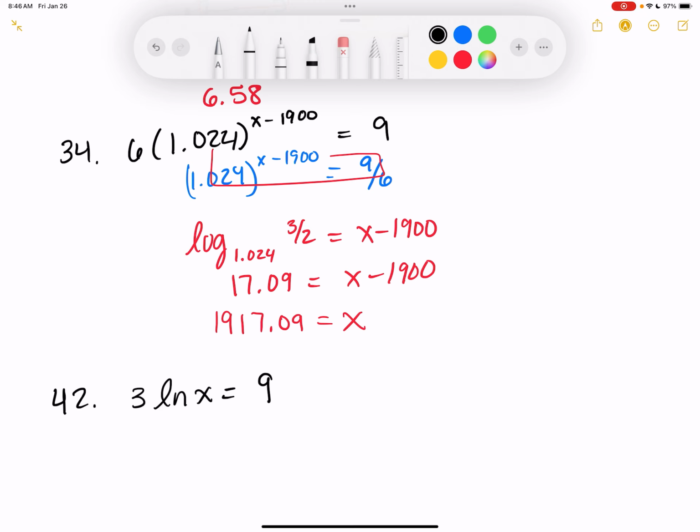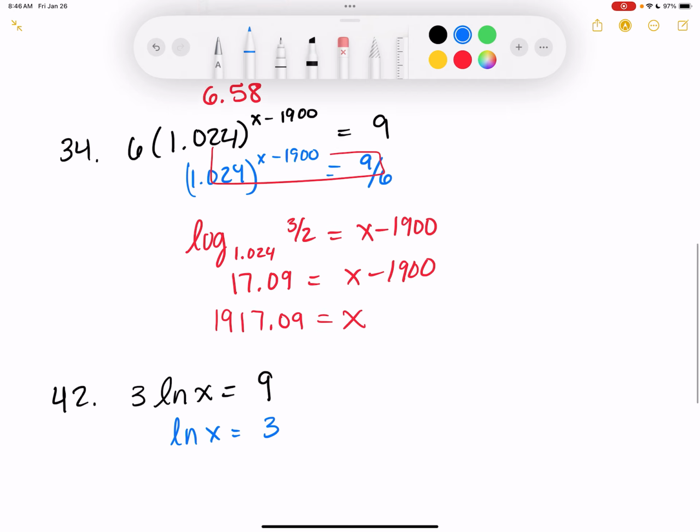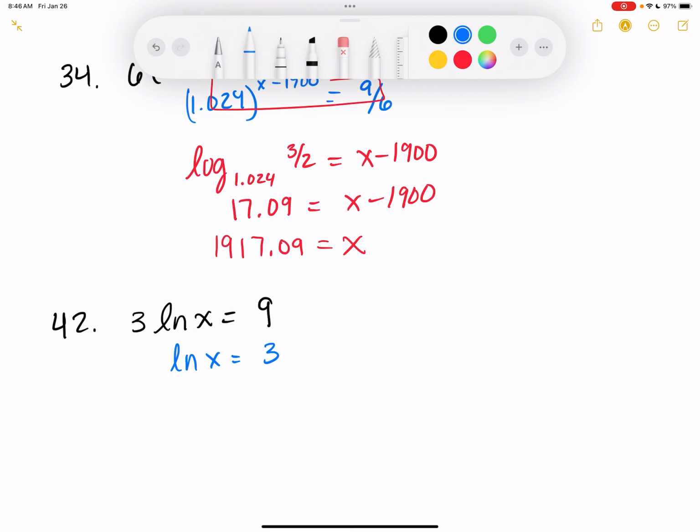I'm going to divide by 3, so ln of x is equal to 3. Now I start with a log, so I'm going to use an exponential to solve it. Remember ln is log base e. So it's going to be e raised to the 3 is equal to x.